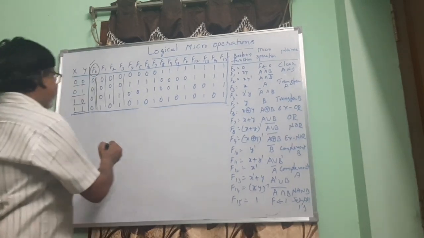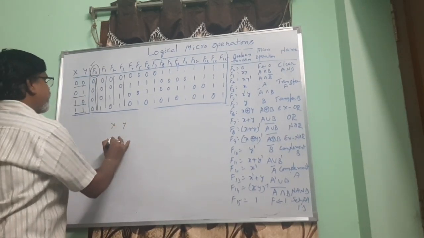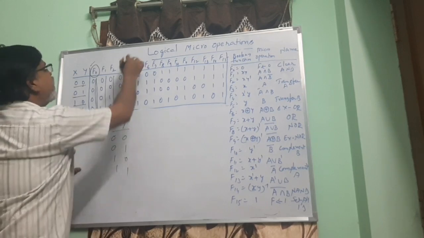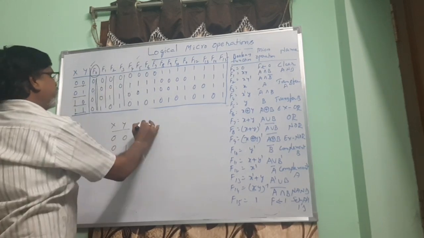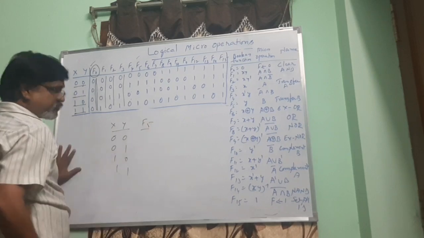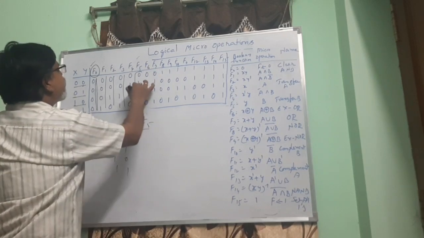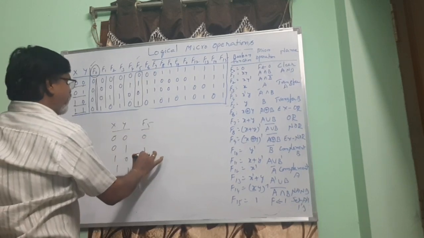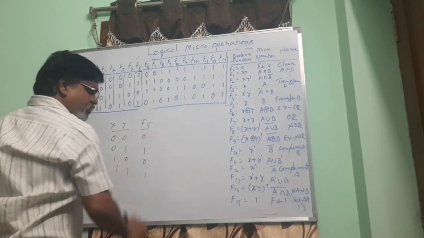See here, if I say x y as 0 0, 0 1, 1 0, 1 1, you can take any one. Say for example, we take F5, with outputs 0, 1, 0, 1.